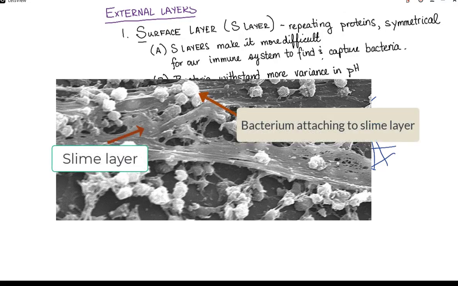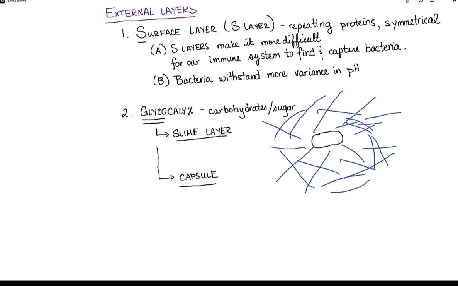And we see slime layers with plaque. Plaque is some bacteria laying out slime layers and then other bacteria attaching to that slime layer and potentially getting coated in that slime layer so that our immune system can't find it. So if it is loosely spewed out like cotton candy, that's going to be a slime layer.